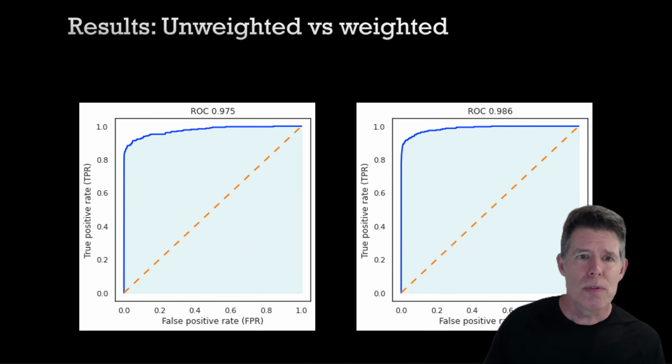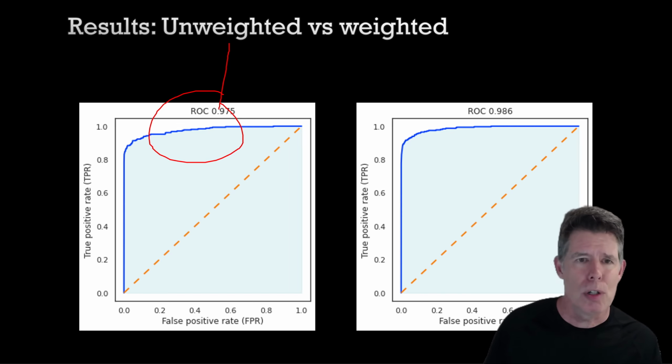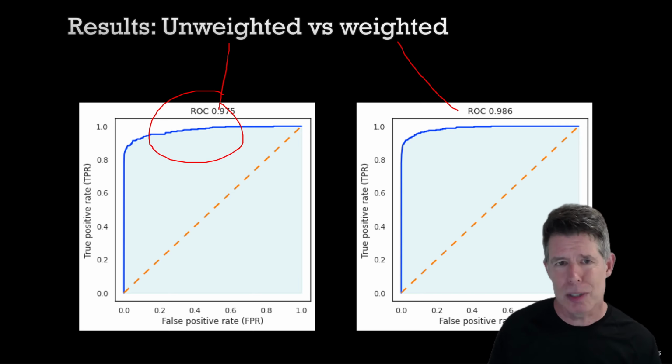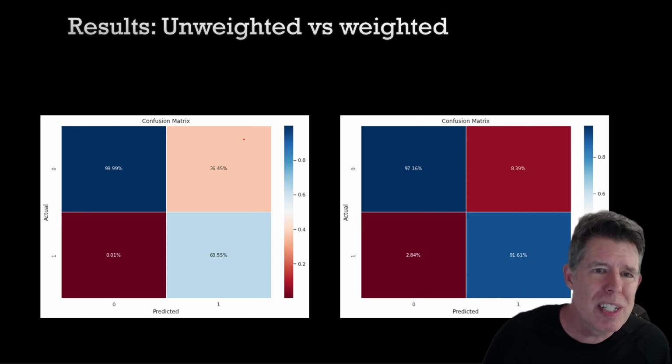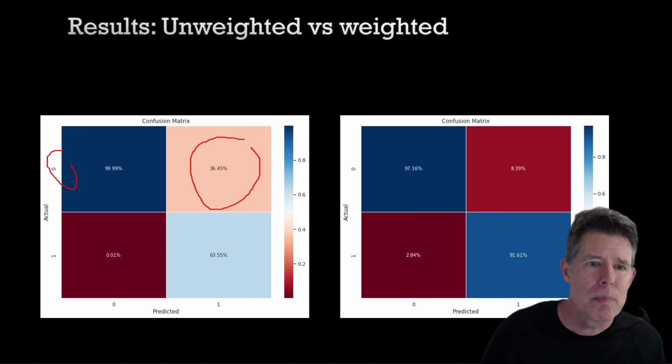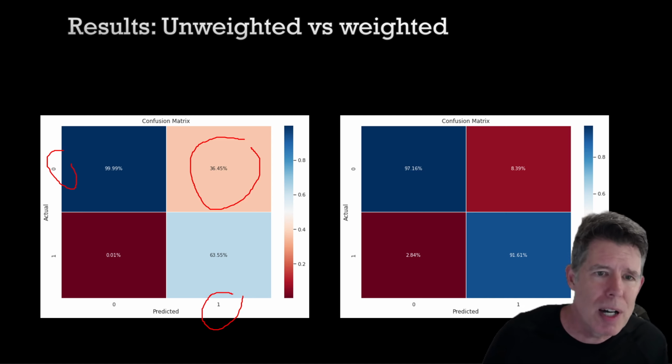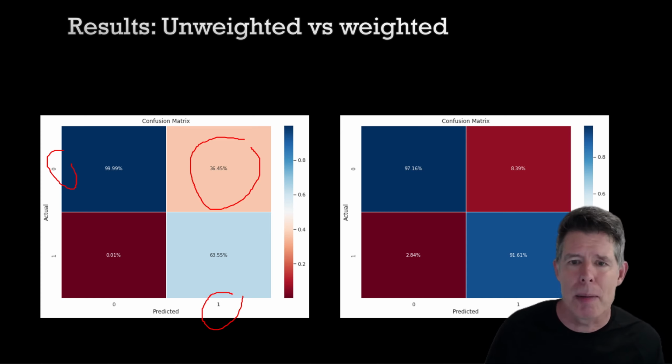So what's the result of this? Well, if I have unweighted and I'm doing the example I'm going to show, the area under the curve for ROC is 0.97, but weighted is 0.98. So it's a little bit better. It also can show up when you do confusion matrix, which you can see probably best here on the right. If the actual value is 0 and we predicted 1 being fraud, we got about 36% of the time.